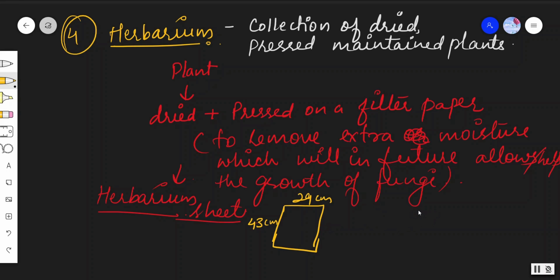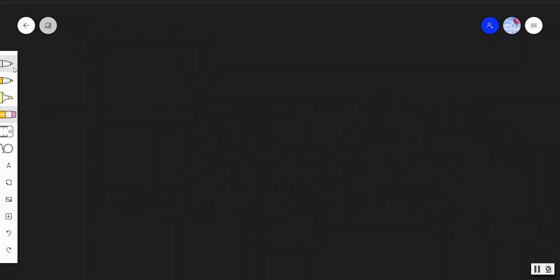But in North America, the standard size is 29 by 41.5 centimeters. This is the standard size of the herbarium paper sheet. So let me explain it in a good way. Let me draw it.